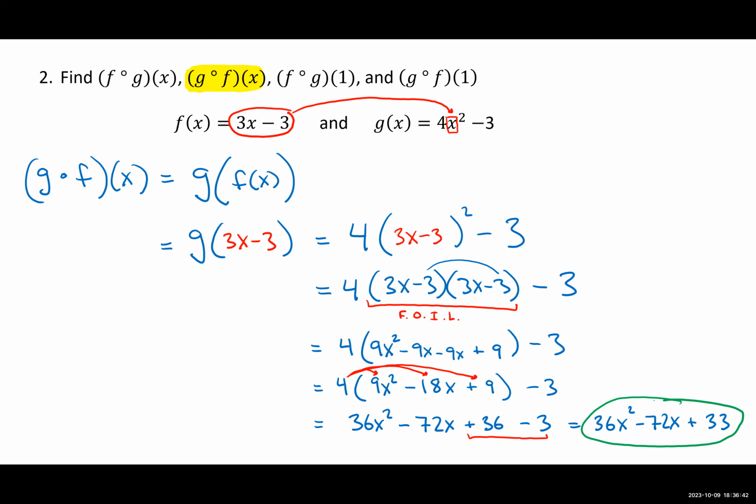The part of this problem that was new, this new topic of composing functions, it was just this first step. The rest, I'm going to write the word review here because those steps are things that we've covered previously.